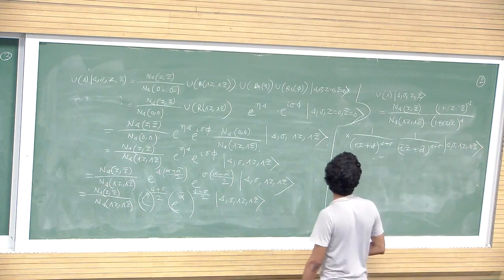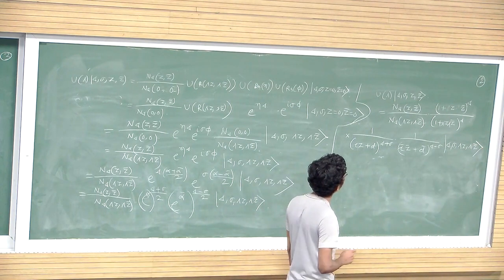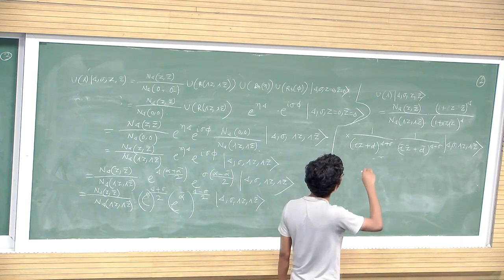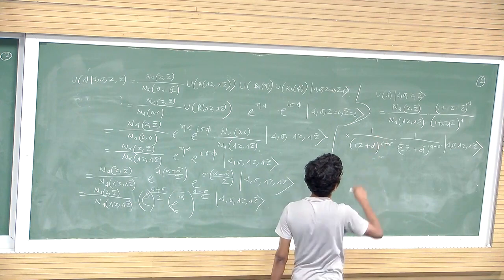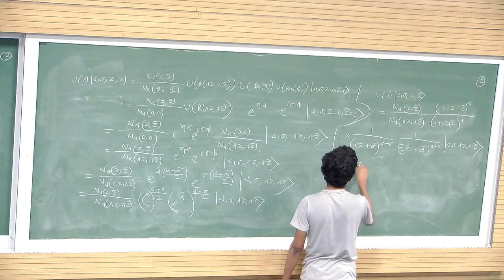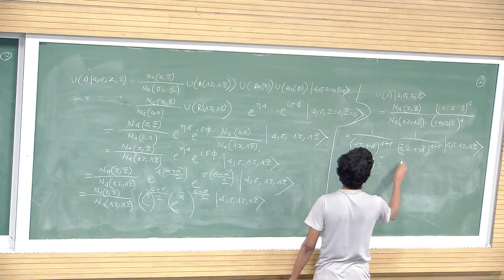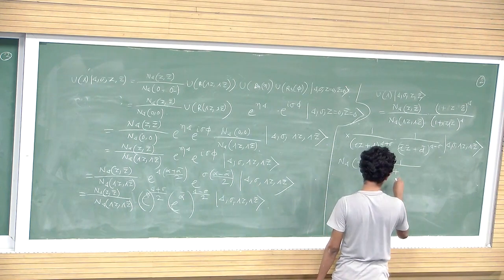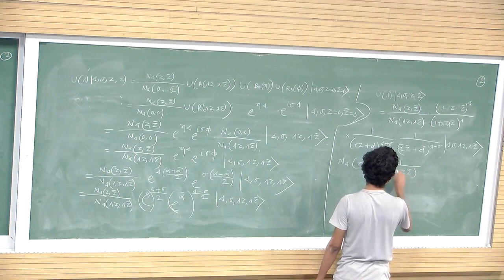Okay. Now when I calculate the inner product, I will fix this normalization factor to be n delta z z bar, that I will fix like 1 over 1 plus z z bar to the power delta.